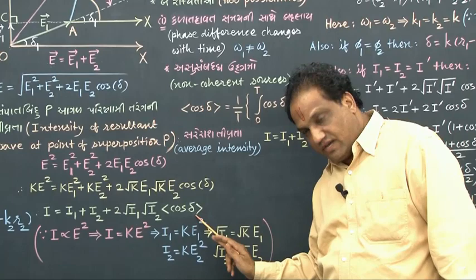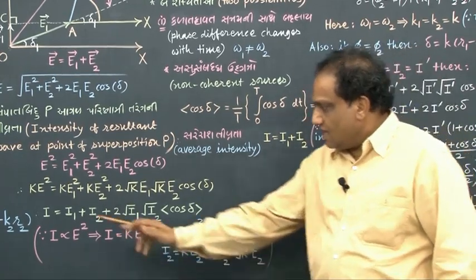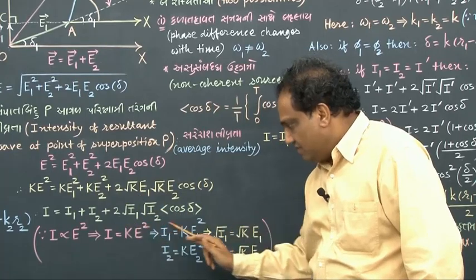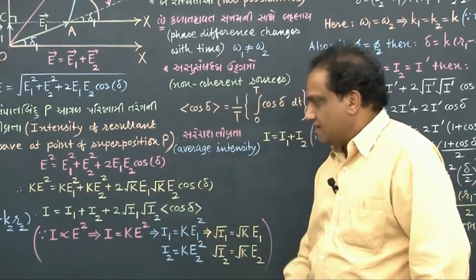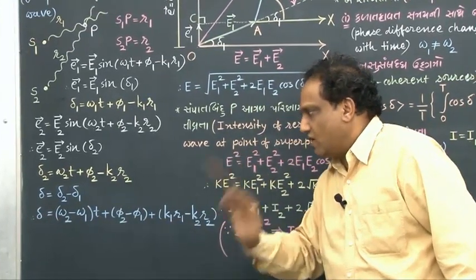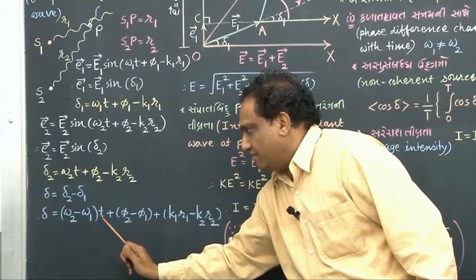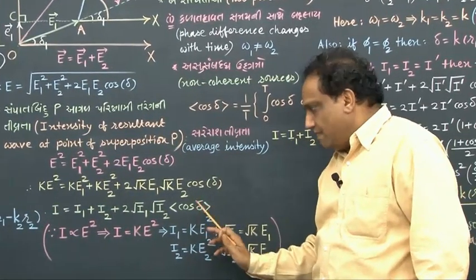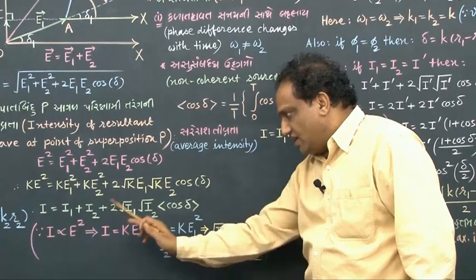Don't forget, okay? Fine. Now in this equation, on the right hand side, this third term in which there is a delta, and you know the delta formula is this, from which you can make out that this depends on time. Because delta depends on time, this term will also depend on time.